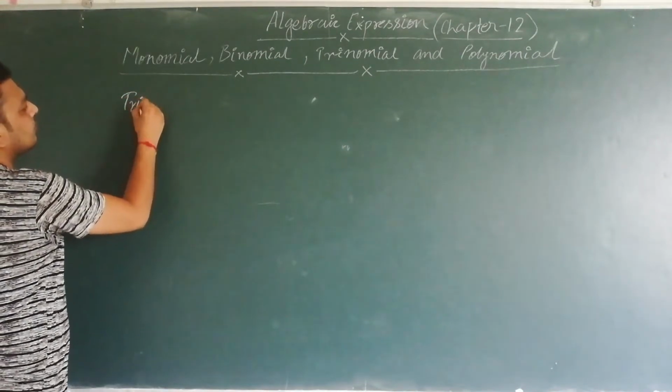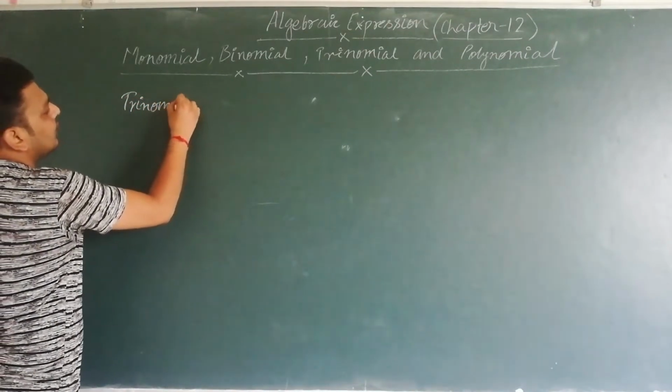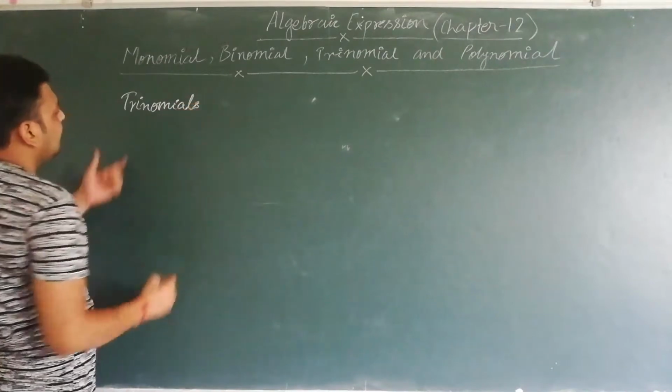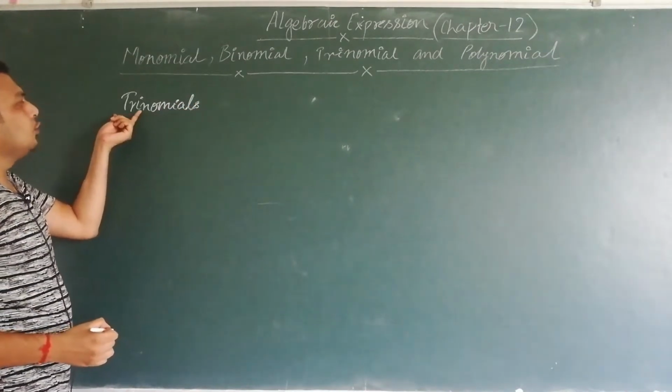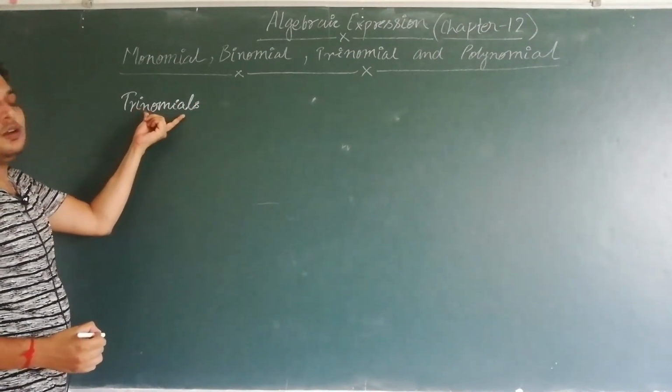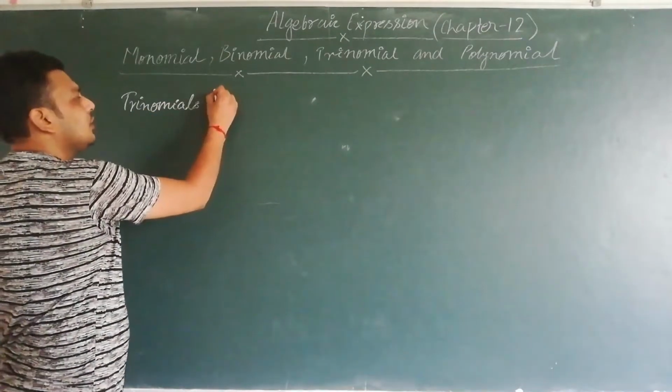Trinomials. As the word suggests, this is divided into two parts, tri and nomials. Tri means 3.